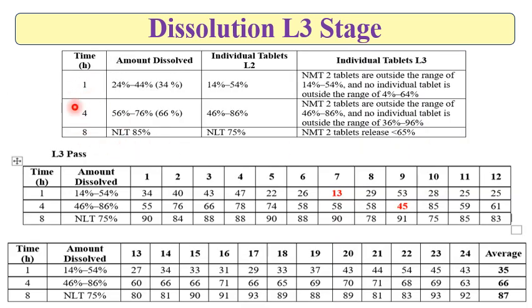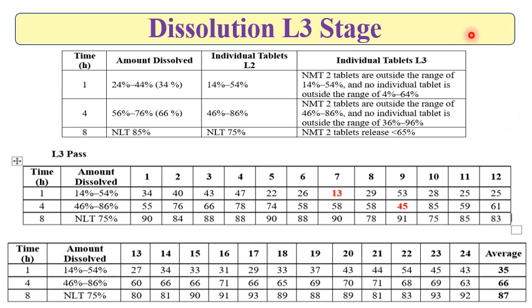Then coming to the L3 stage, it is passing, 1 unit is below the stated range. As an example I have given here 13% and at 4 hours it is 45%. But if it goes below 4% here, that means if it is 3%, then it will fail.